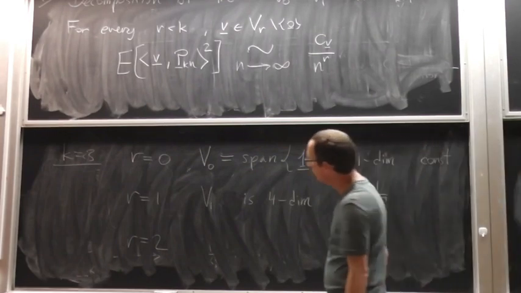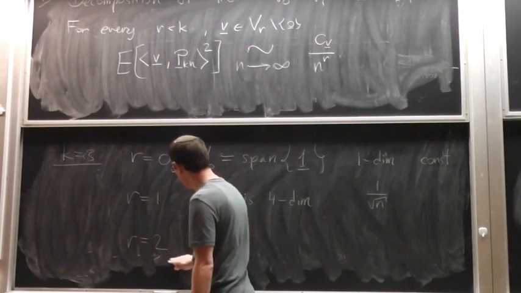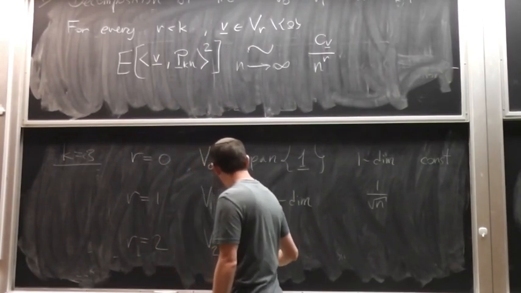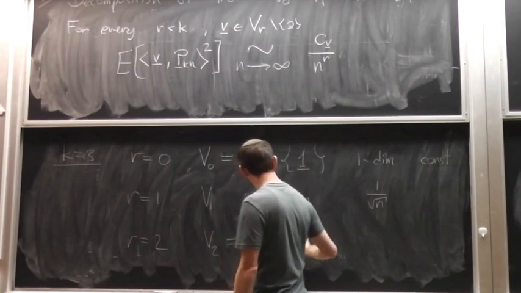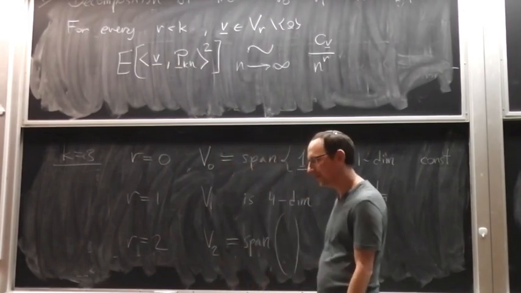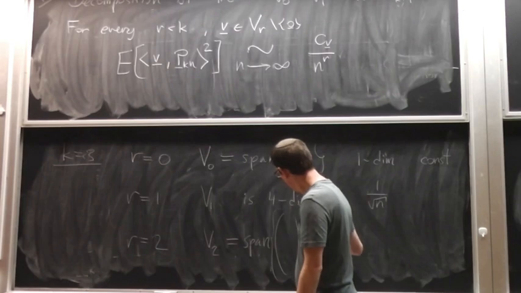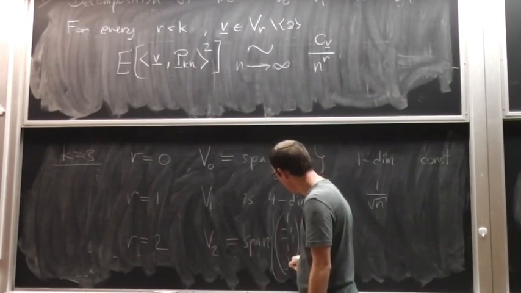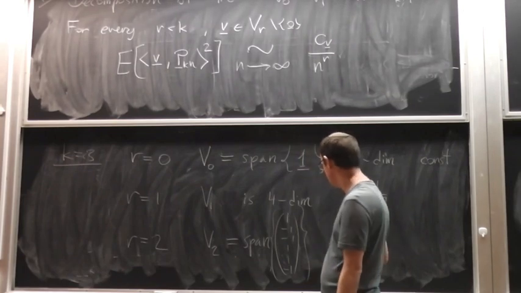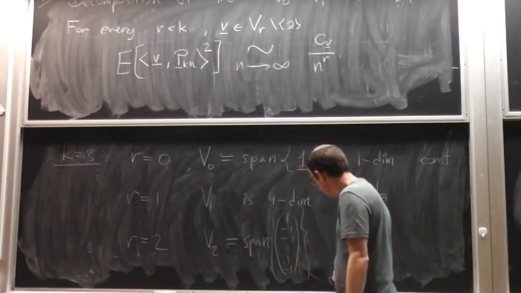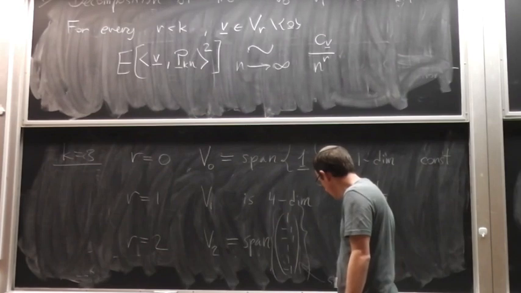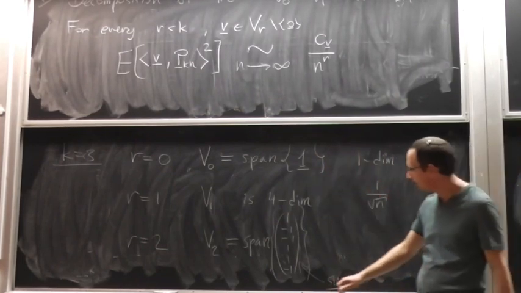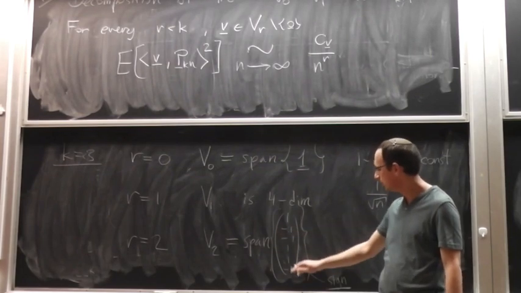So let me tell you the third one. v2 turns out to be the span of this vector 1, minus 1, minus 1, 1, 1, minus 1, which is the sign of the permutation, the sign of the pattern 1 2 3, 1 3 2 and so on.